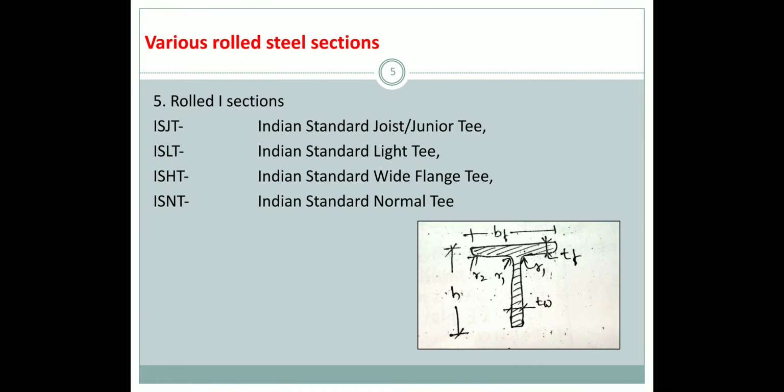The top flange is connected by the web, where BF is the width of the T section and TF is the thickness of the T section.